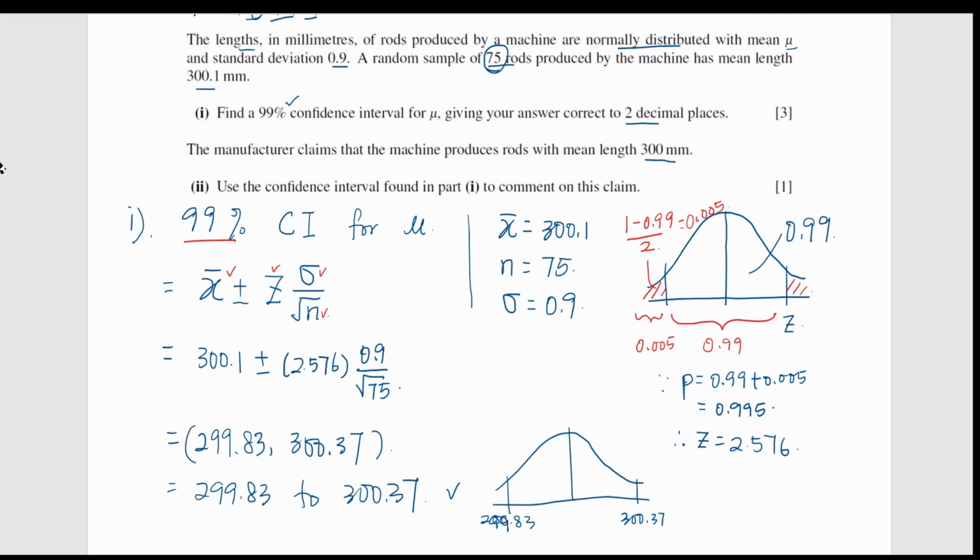So it does contain 300. So the manufacturer's claim is supported, right? Because we are 99% confident, based on our calculations, that the population mean should lie within these two values. And since the manufacturer claims the rods have a mean length of 300 mm, the claim is supported.